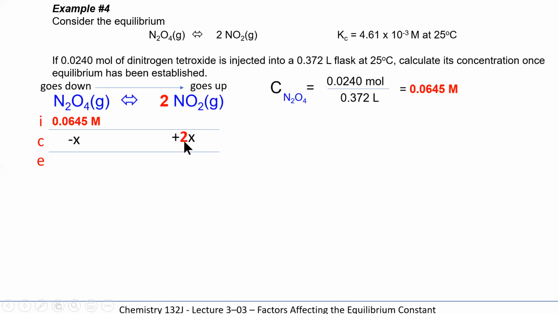NO2 will go up by twice as much as N2O4 goes down. So that at equilibrium, we know the original amount of N2O4, we know it goes down by x. And we know the quantity of NO2 only comes from the breakdown of the N2O4. So it will be 2x.